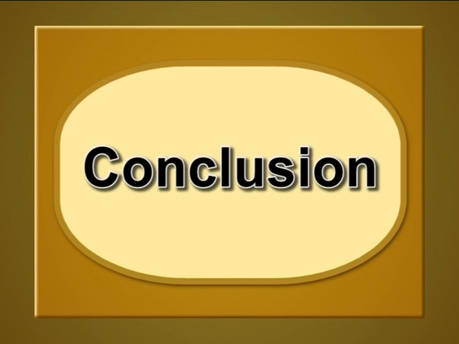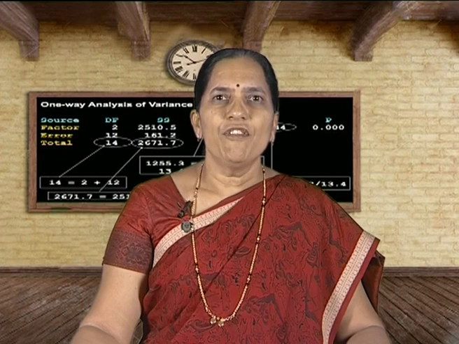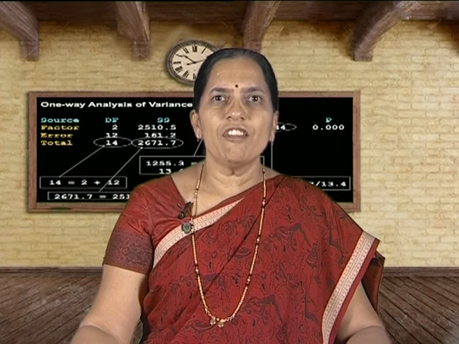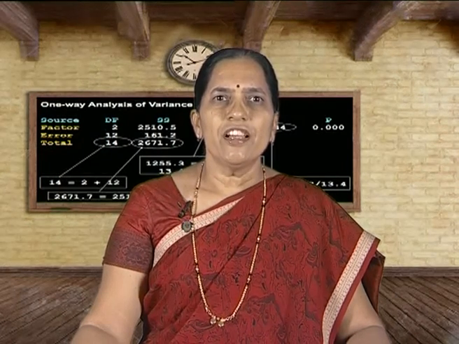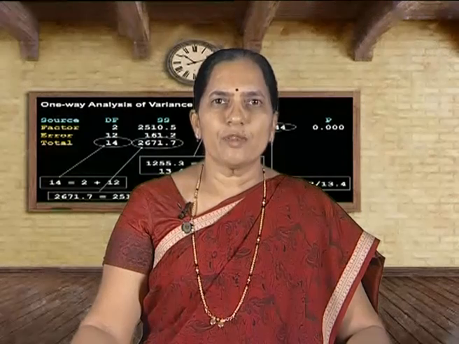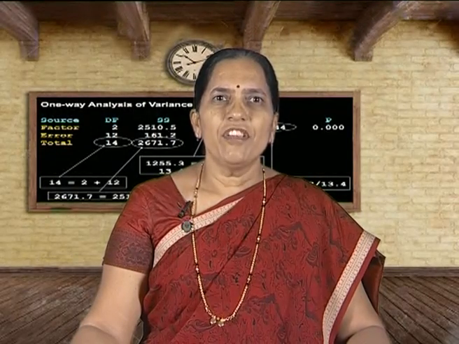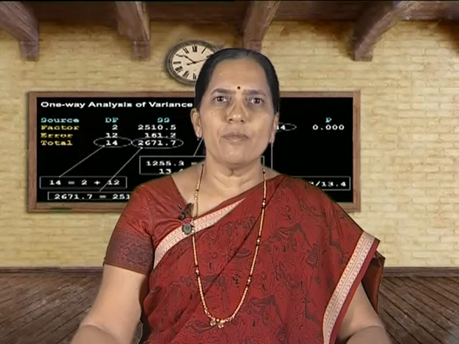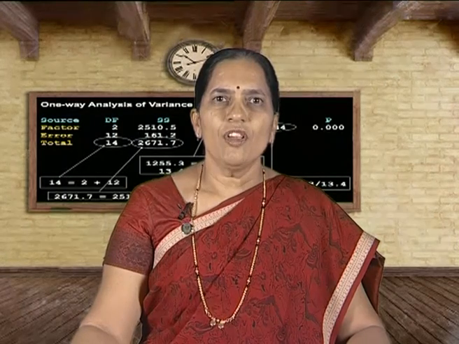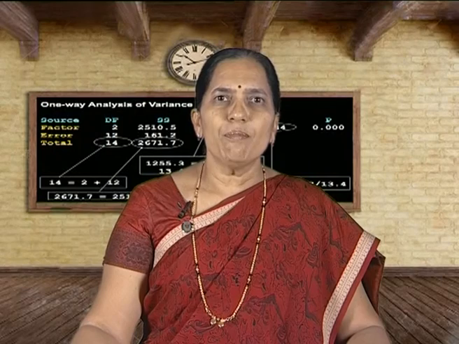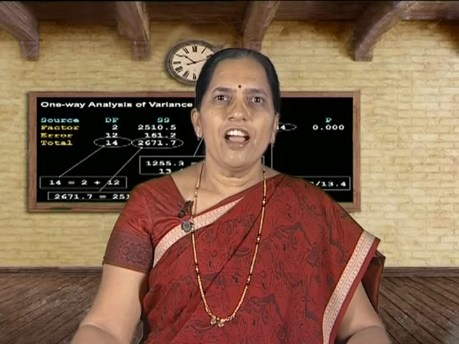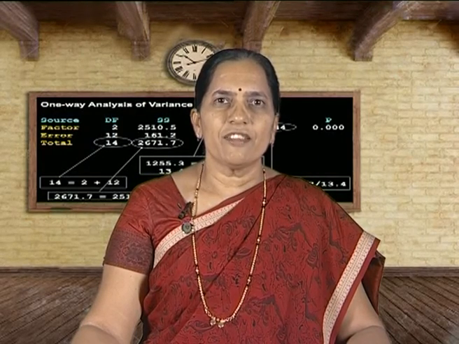Conclusion. In this session, we have defined some terminologies which are used in design and analysis of experimentation. We have discussed the principles of experimental design. We have introduced the completely randomized design and discussed its analysis.